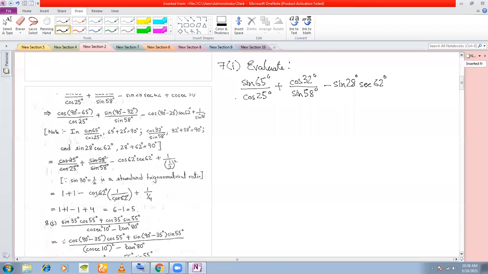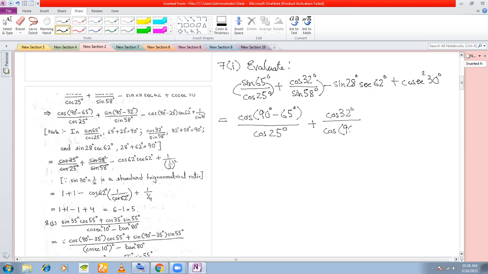Now see, 65 and 25 are complementary angles, and you know that sine can be changed to cos. So you change this sine to cos. The numerator becomes cos 90 degree minus 65 degree divided by cos 25. Again, these two are complementary angles, they add up to 90 degree. So you can change this sine also to cos in the denominator this time.